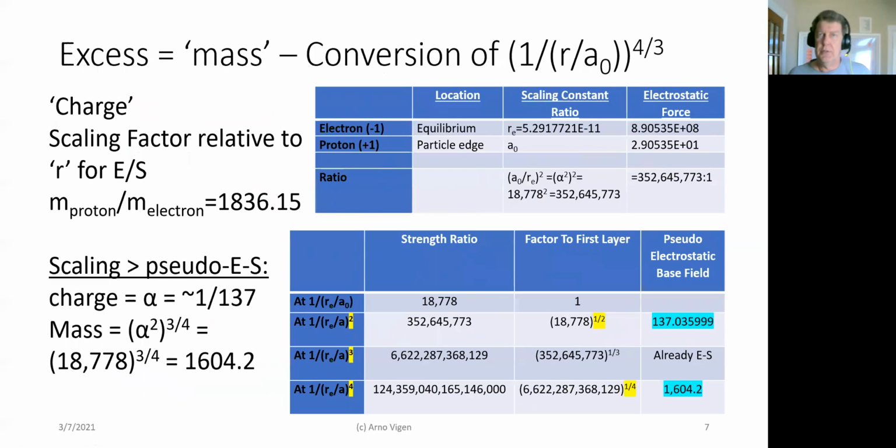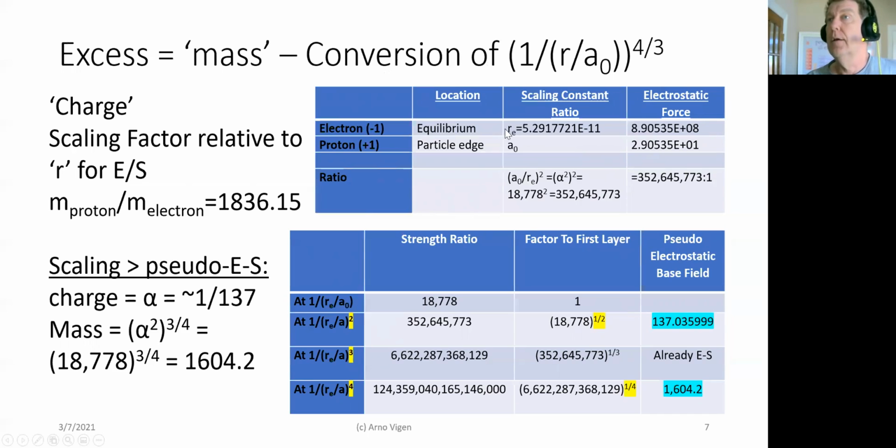It should be easy. We've had charge, and I showed that the charge, if you take the square of that ratio, that's the difference between Planck and charge. And charge is a very simple concept, and whether you get a positive charge or a negative charge, they're the same amount, and that same even scaling going from the Bohr radius to stronger at the particle edge. Okay, so here's the actual calculation.